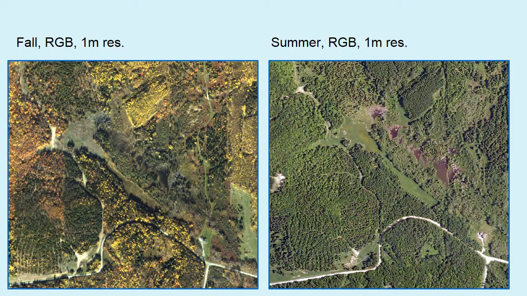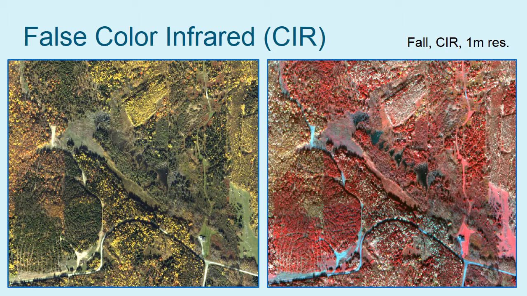Looking side by side, we have again that pioneer stand in the fall color and that same stand in the normal color. We can further enhance our separation of species by using color infrared.